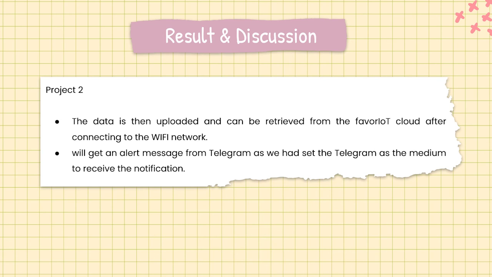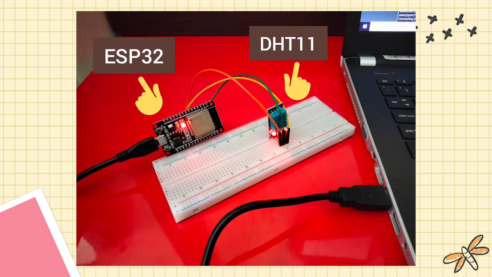Next, I will show you how we set up the circuit for project 2 and how Telegram receives. The DHT11 sensor is wired to the ESP32 development board as shown in the picture.